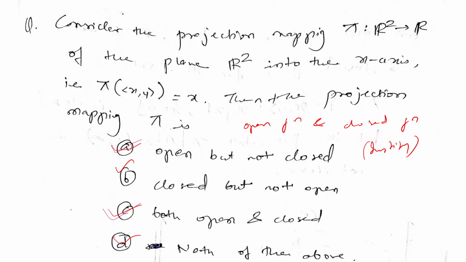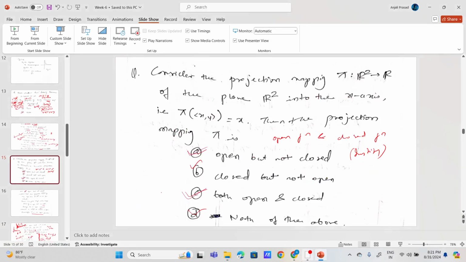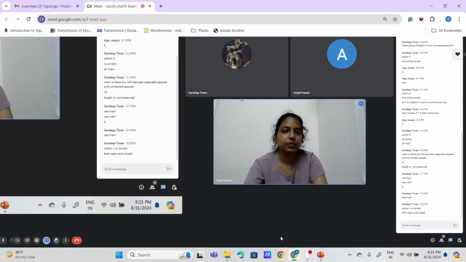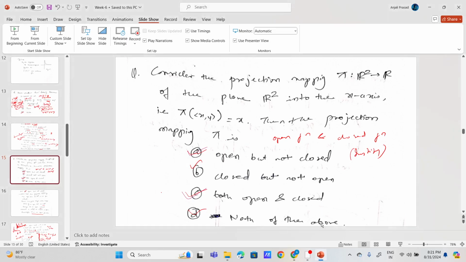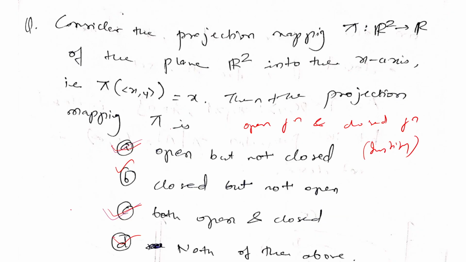You were asking about is there any link between separable spaces and connected spaces? Saying that both open and closed. Just check. Just check it.